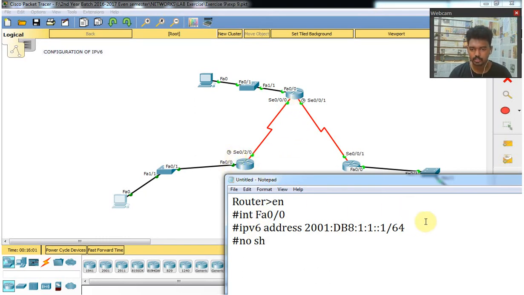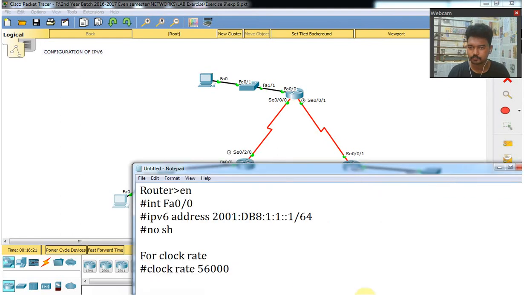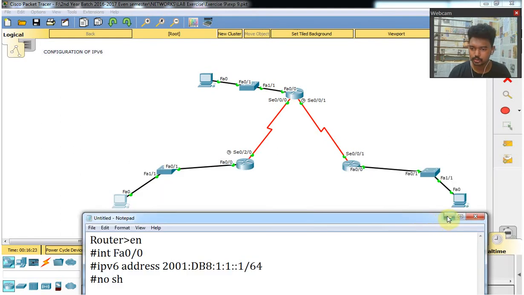If there is a clock rate, we have to mention the clock rate as 1000. Now I'll show you the demonstration.